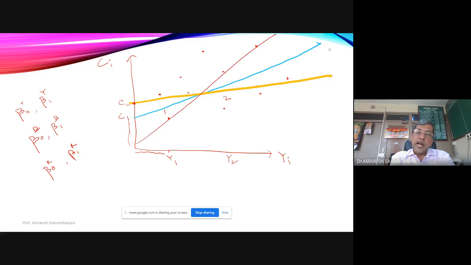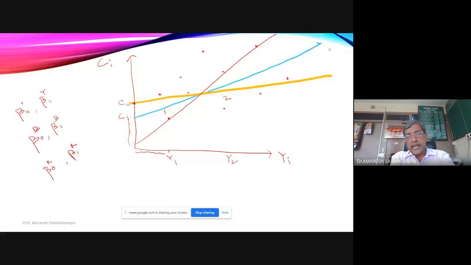Then we try to explain the general relation between Ci and Yi based on what we see on the scatter plot. Each individual may have different ways of looking at this relationship. Somebody may think that the yellow line is the best way. Maybe the yellow line is one of the ways to explain the relation between Ci and Yi.